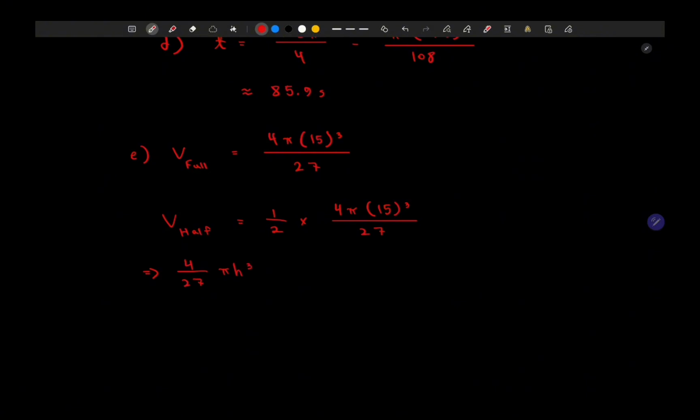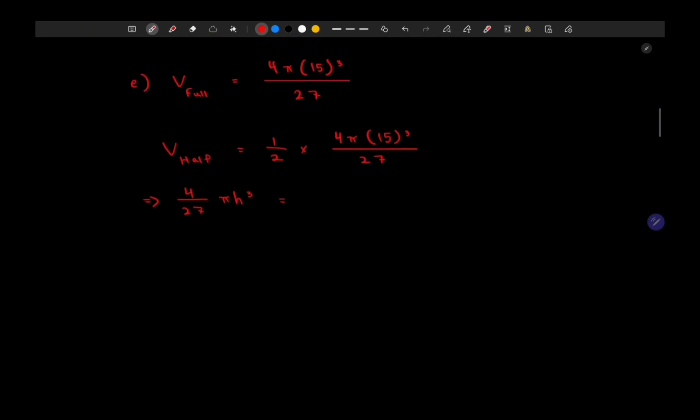So from this equation, we can find out the value of h when the volume was half. So that's half times 4 pi 15 cubed over 27. As you can see, these two cancel out, and this one also cancels out. So from this we can find out the value of h. So the value of h is around 11.9.